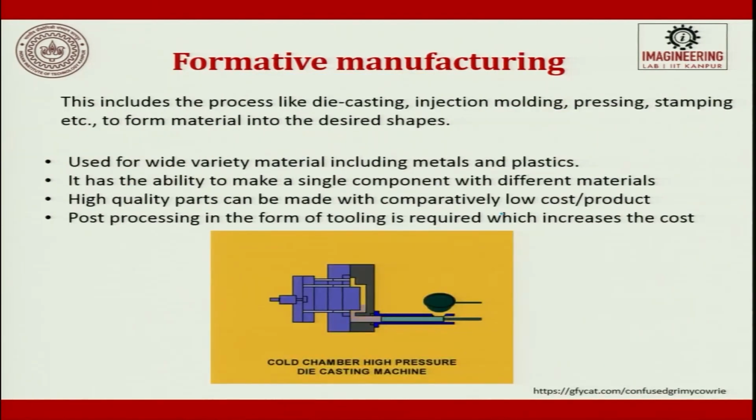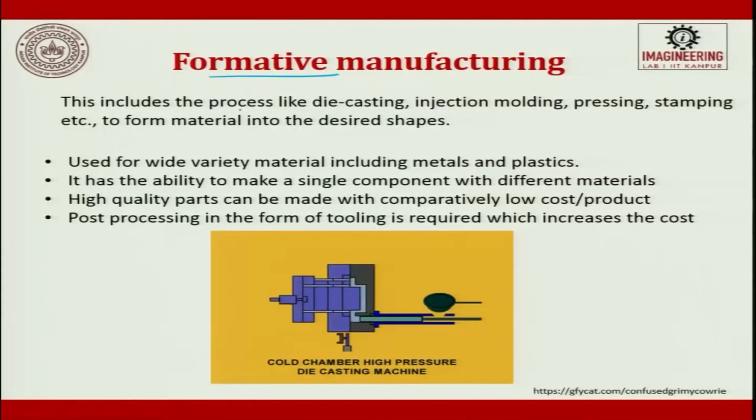The next one is formative manufacturing, which is a constant volume process. There is no change in volume between the raw material taken and the output produced. This includes processes like die casting, injection molding, pressing, stamping, etc. to form material in the desired shape.